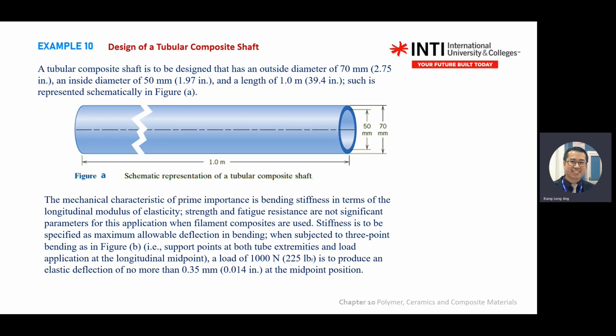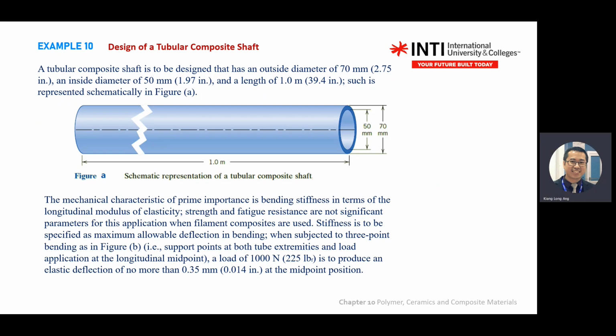So you have a composite shaft designed to have an outer diameter 70, diameter so and so, length so and so, and then you are given some customer requirement. Mechanical property that is important is bending stiffness. So you need to recall back in your statics that you learned bending.